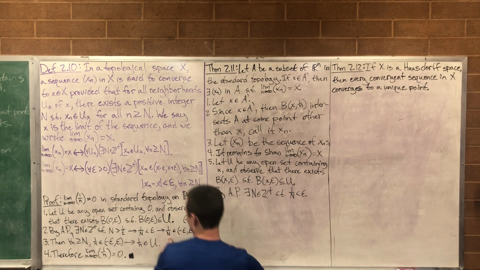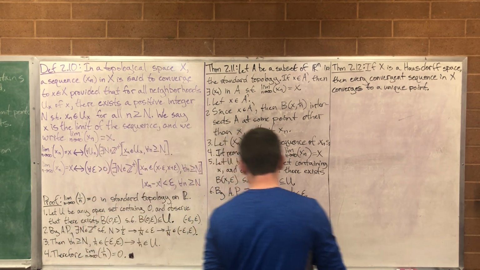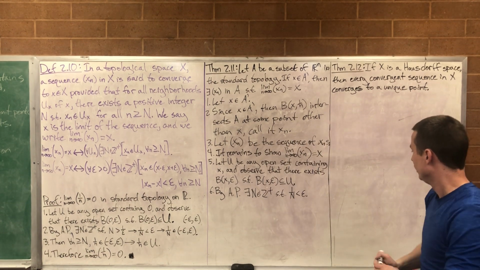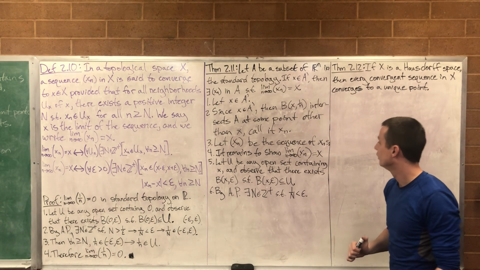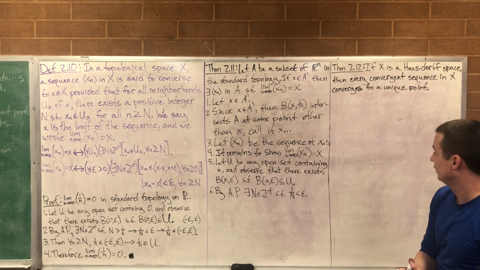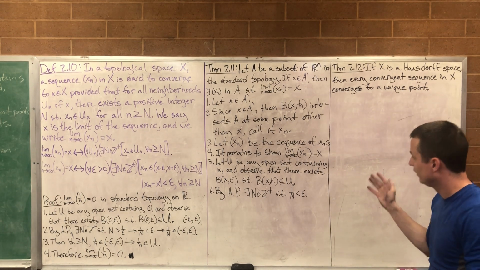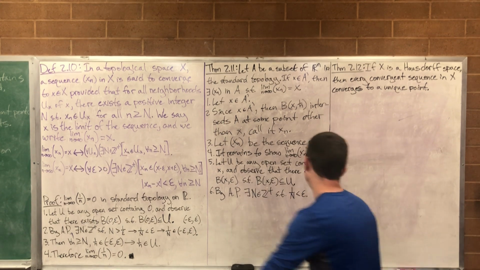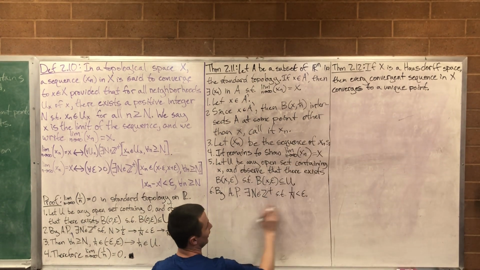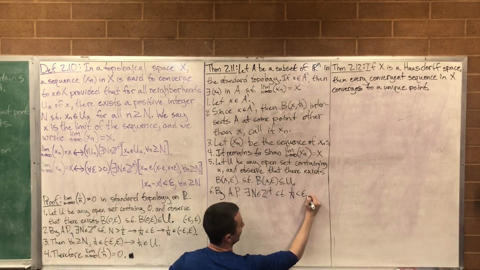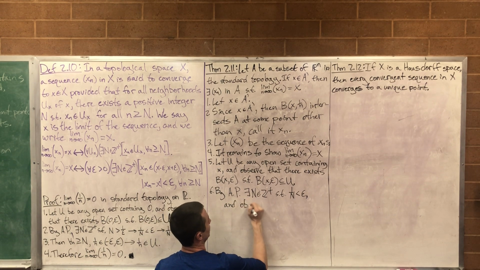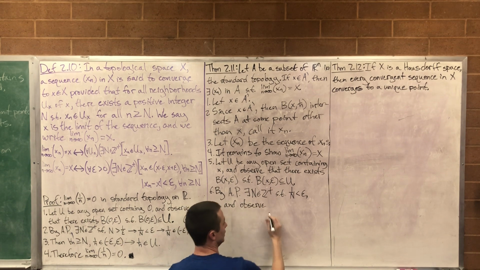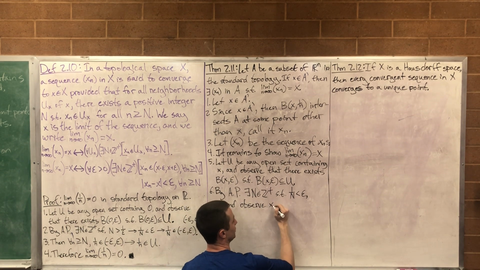Maybe we'll leave it there for a second. Maybe we're going to have to stray away a little bit. Here's how I want to say it. Such that that is less than that, and observe. I'm trying to connect back up to my sequence to get you to see the connection.